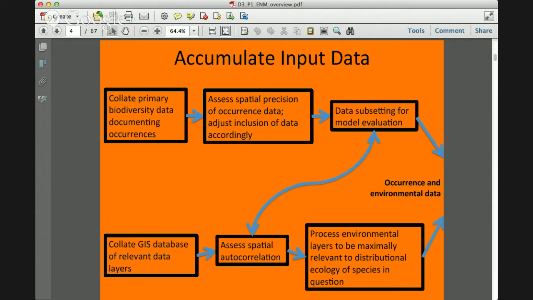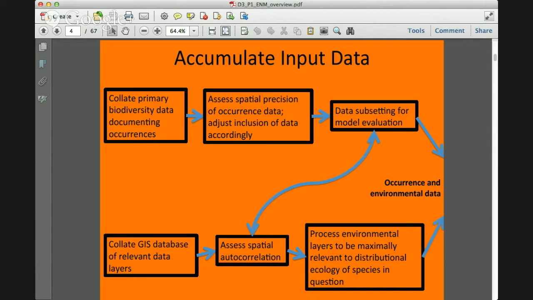So for accumulating input data, we start by collating primary biodiversity data that document occurrences of our species. And that can come from many different sources. It might come from GBIF or VertNet for biodiversity. For disease occurrences, it might come from a public health institute in your country, what have you.